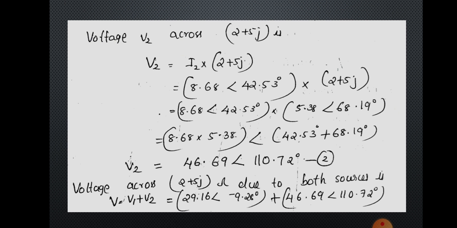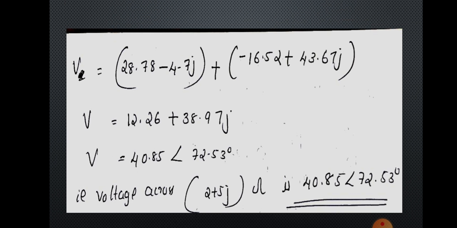Both are in polar form, so you can write it as 29.16 angle minus 9.28 degree plus 46.69 angle 110.72 degree. Here the operation is addition, so it is better to convert it into rectangular form. The rectangular form can be obtained by the use of a calculator.